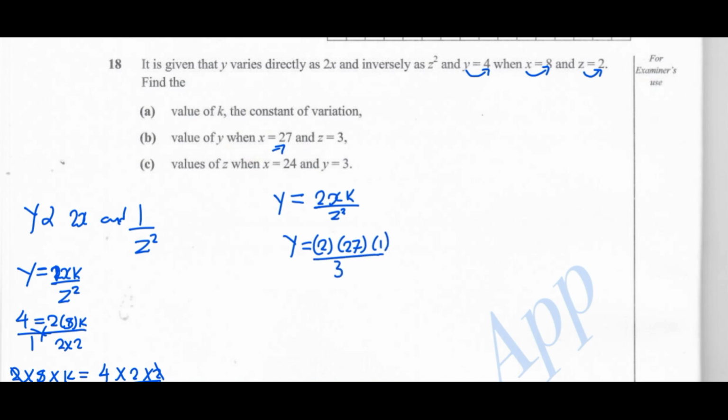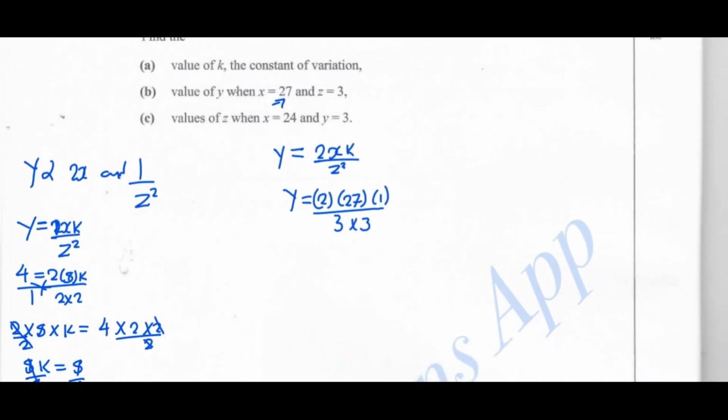It is 3 times 3. So 3 times 3 is 9. Now we know that 3 times 9 is the same as 27 over 9, so I can just cancel this. Then my final answer is just 6, because 2 times 3 will give us 6.